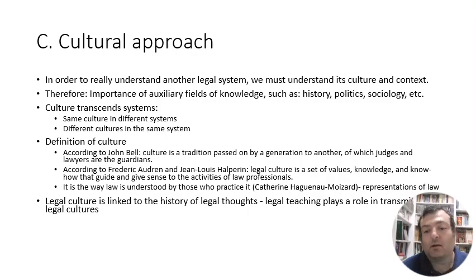As I was saying, someone who studied law at a School of Law does not have all the competences and all the skills needed for an extensive cultural comparison. Therefore, it is very important to rely on auxiliary fields that will help us, such as history, politics, sociology, anthropology and others, to fully understand the culture of the compared countries.